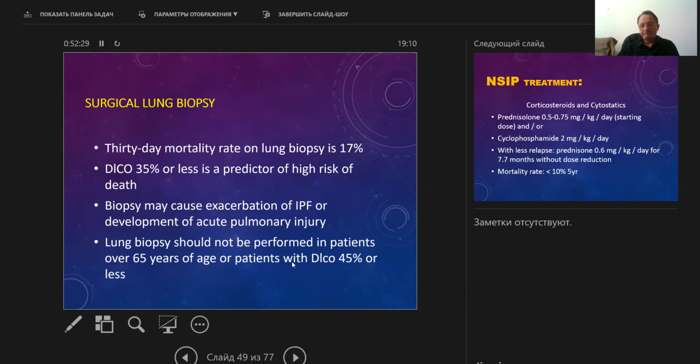In case of IPF, biopsy can lead to exacerbation. And it is contraindicated for patients over 60 years of age, and with diminished lung diffusion test, less than 45% of predicted.